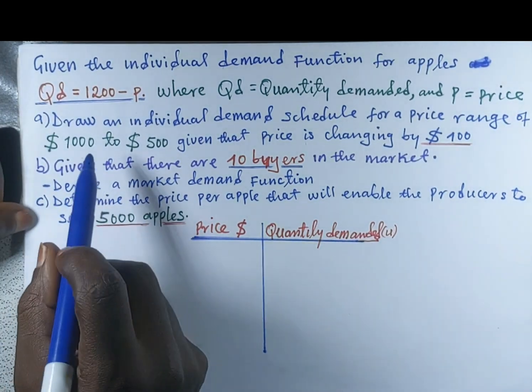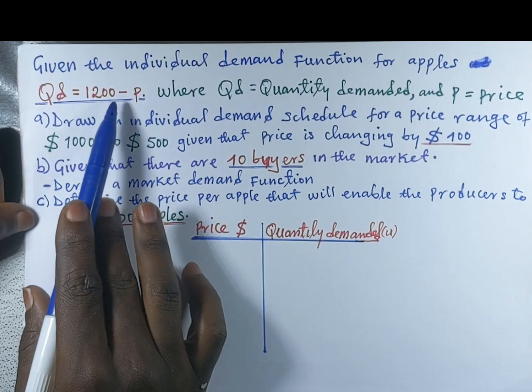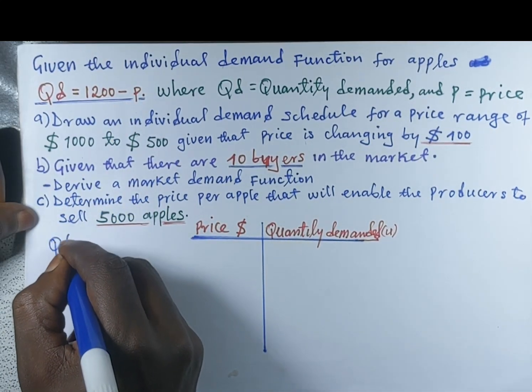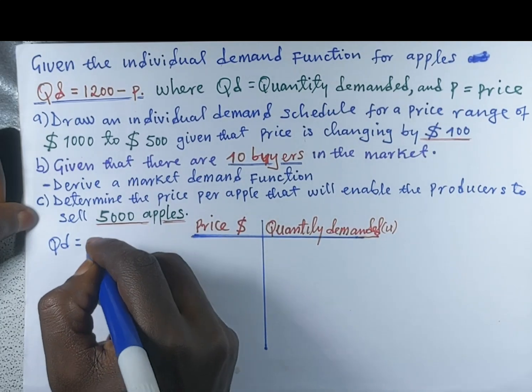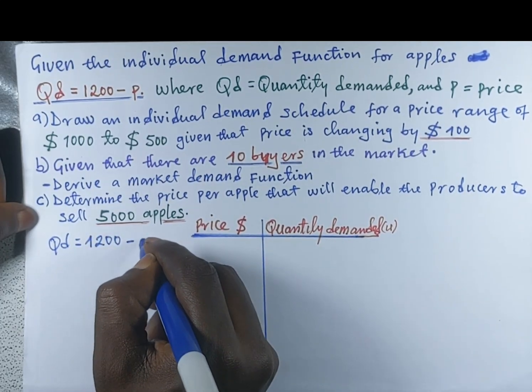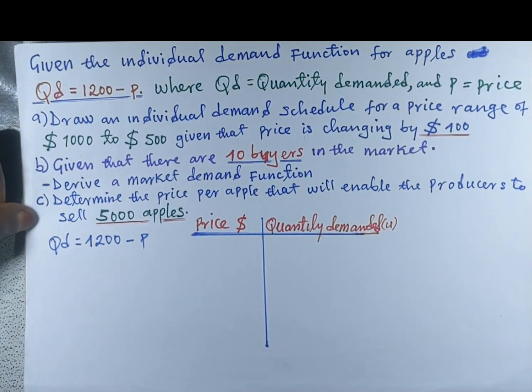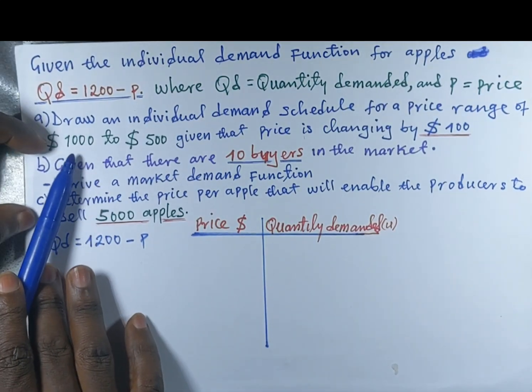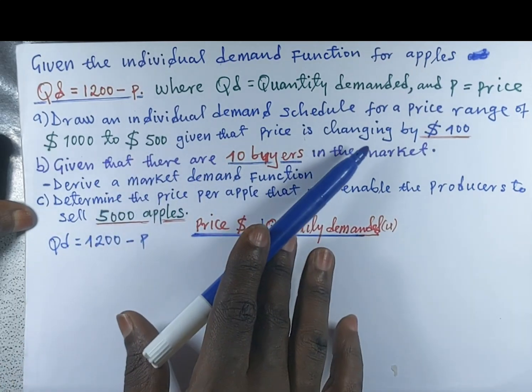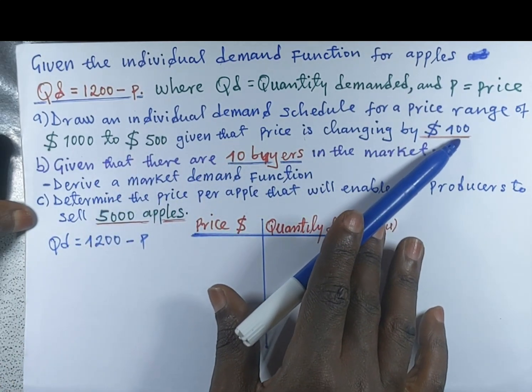Let me say we can copy down the individual demand function as QD to be equal to 1200 minus P. The condition is that the price ranges from 1000 to 500 and it is changing by 100.